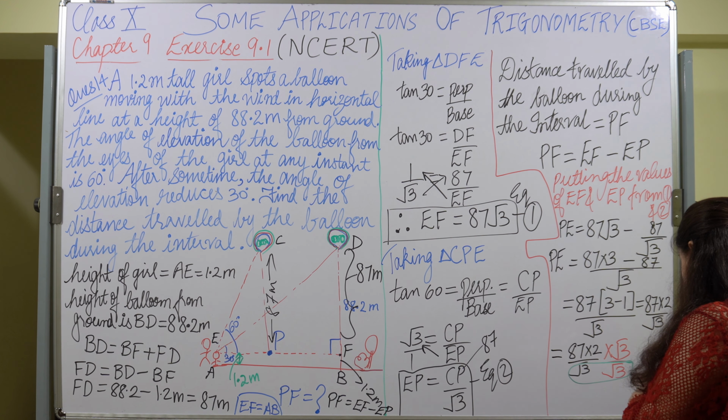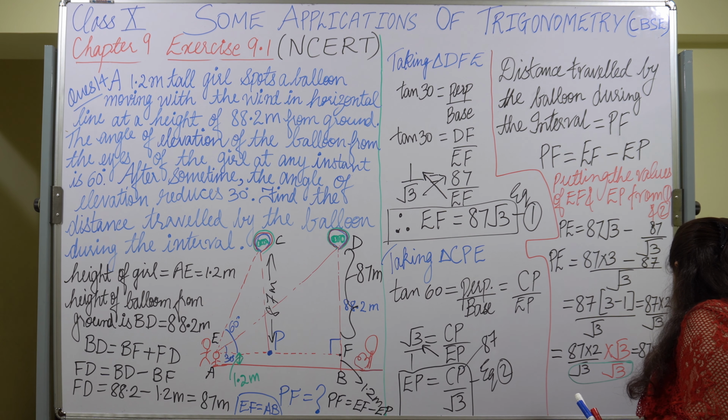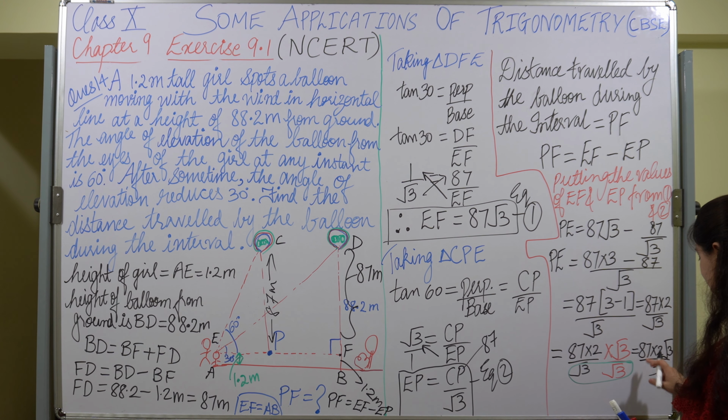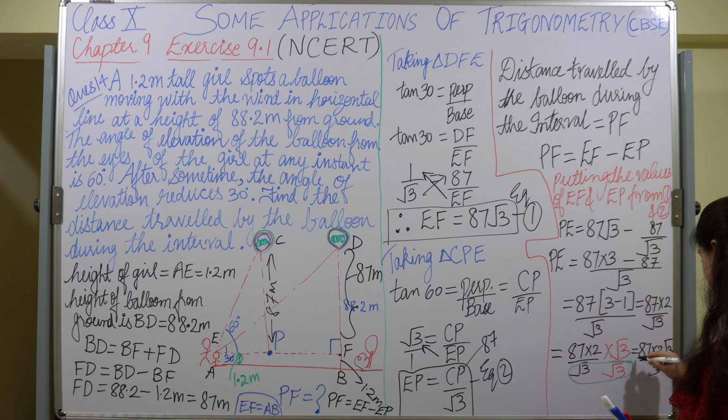So here I'll be getting 87 into 2 under root 3 upon 3, and this 3 by this 3, this 87 can be cancelled. So 3 into 29 is 87.